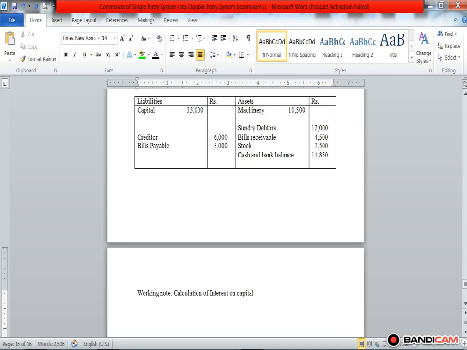First point, 5% interest on rupees 33,000 for the complete year.